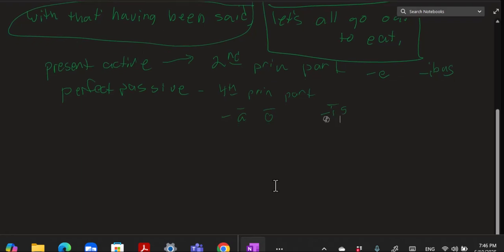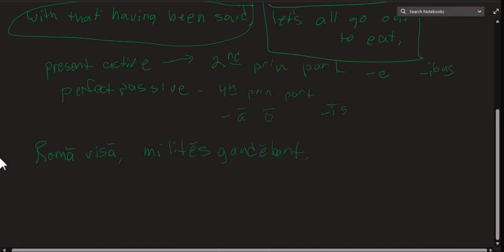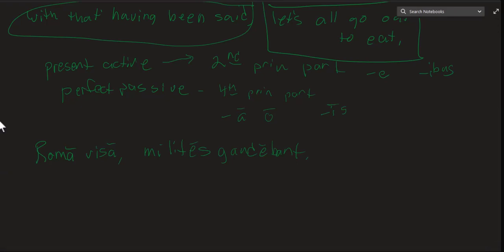So let's look at an example. Let's say we had "Roma visa milites gaudebant." Okay, so let's say that this is our sentence that we are trying to translate.